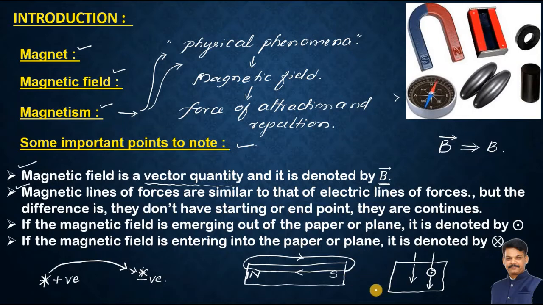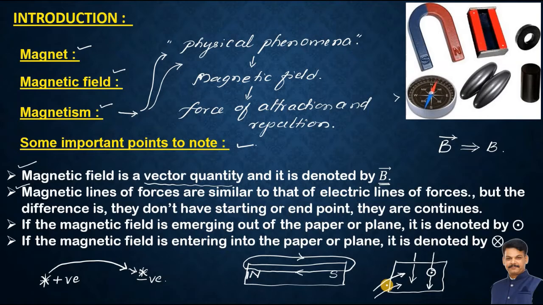If the magnetic field lines are entering into the paper, try to understand this. If you are holding the paper and the magnetic field lines are moving from you towards the paper, it means we say that the magnetic field lines are entering the paper.